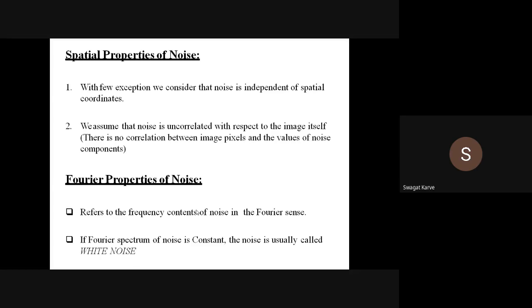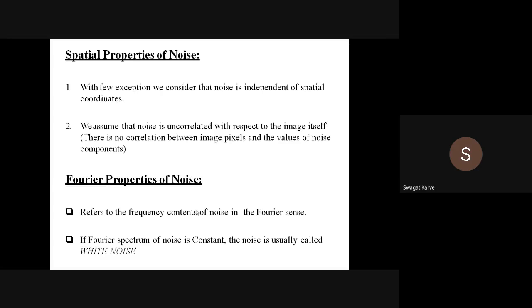So it refers to the frequency contents of noise, and it shows your original image as a function of frequency as well as the noise frequencies.